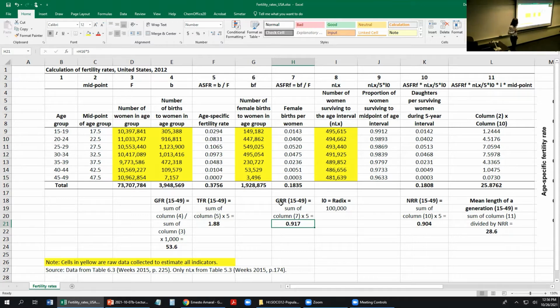But now we are taking into account the risk per age group. We're being really careful there. In the numerator, we have only female births, but we also have to take into account that some of these women, like I just said, will not survive throughout all this period. They will not reach even 15 years of age, or 20, or 25, or 49.